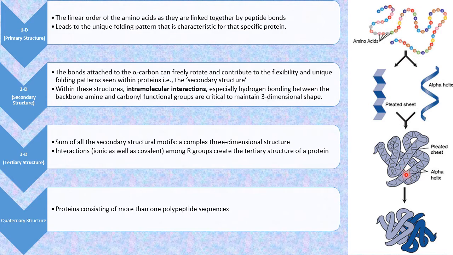Now, in case of a monomeric protein, this is the final structure. However, in case of multimeric proteins, that means in which the functional protein comprises more than one polypeptide sequence, in such proteins another level of structural hierarchy has to be reached, and that is the quaternary structure.